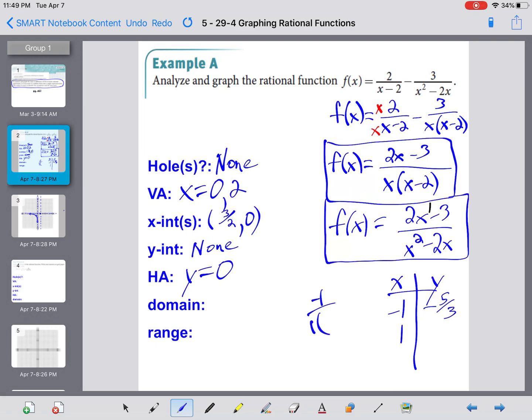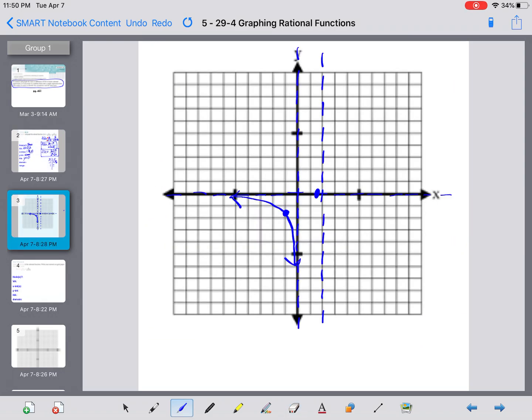On the bottom I get a 1 out front, and I get a -1 when I do 1 minus 2. So -1 over -1, that gives me +1. All right. So 1, 1 tells me my point's up here, and that's all I need. For the middle of this graph, I can kind of see what's going on. Remember, it has to pass the vertical line test, so my only option is to have this snake-like curve bending down like this. Remember, these graphs always have to approach your asymptotes, both vertical and horizontal.